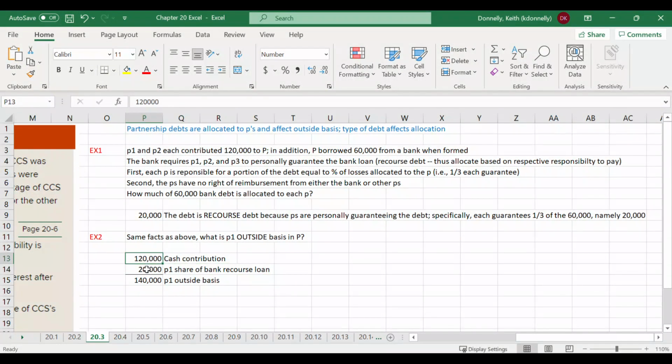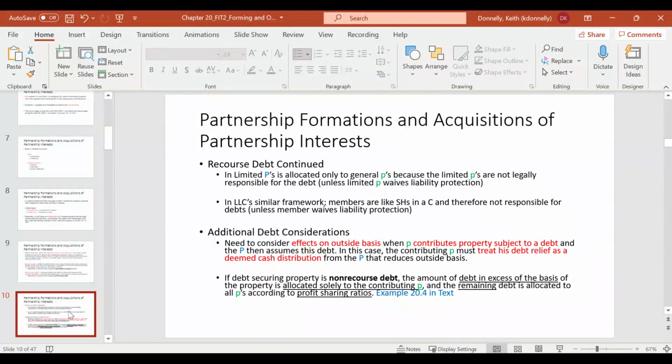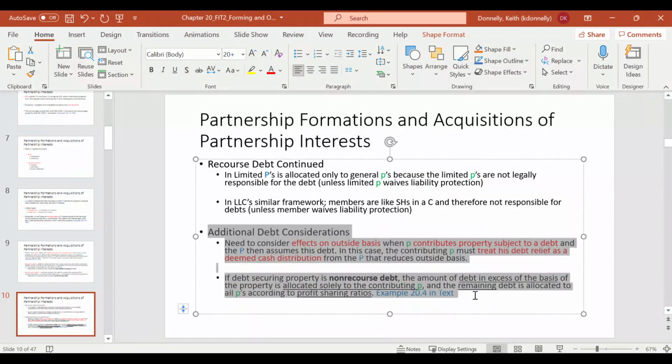So it's like 120. This partner one started with, they are now on the hook for the additional 20. Their outside basis is going to be 140. Now, you can read this here, but this is kind of a starting point. Let's start with this.